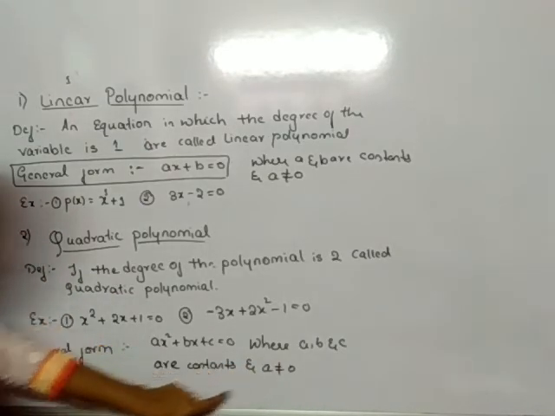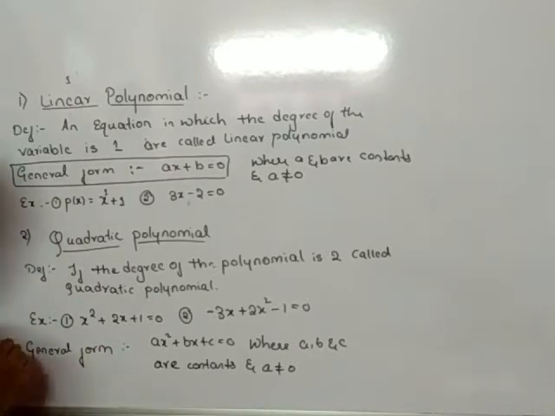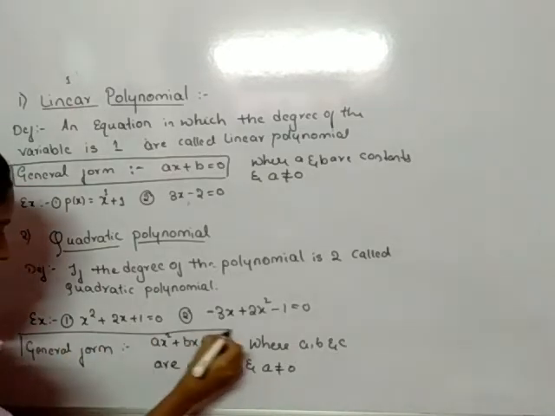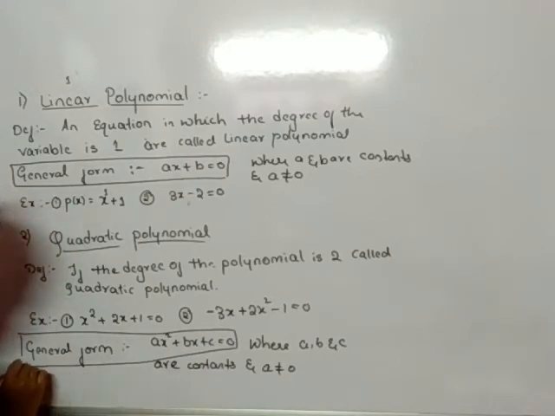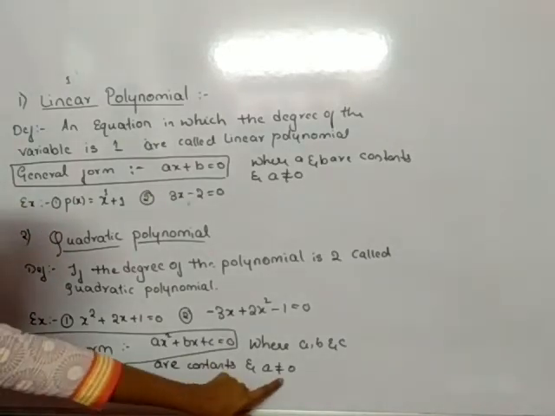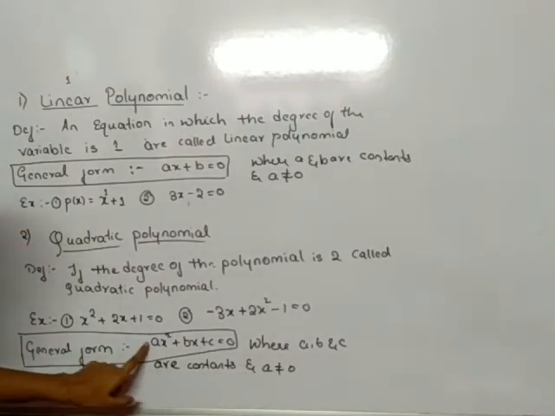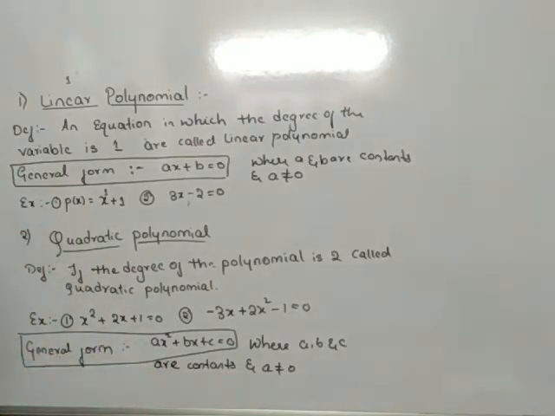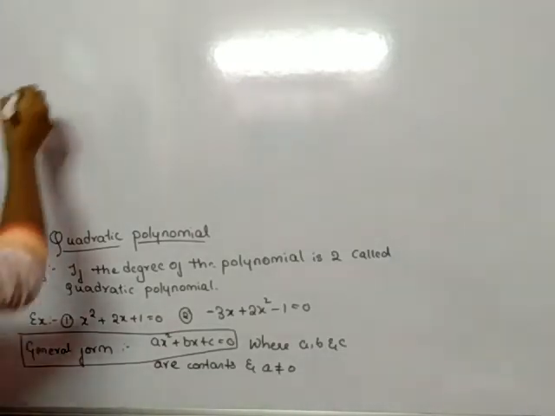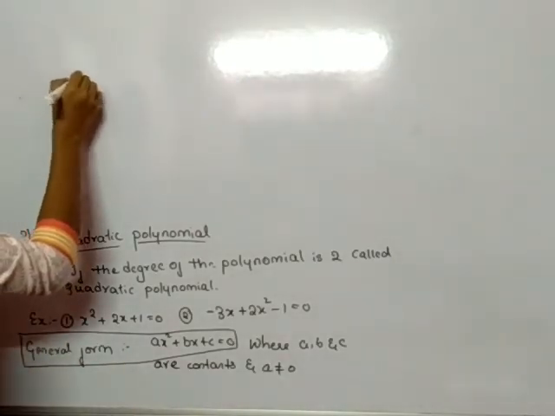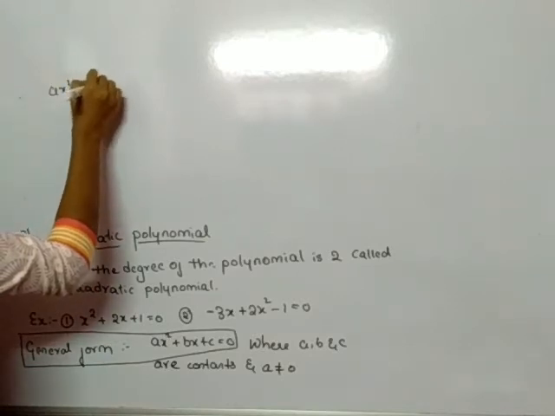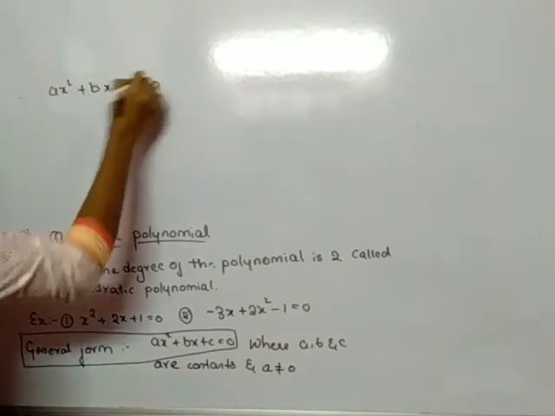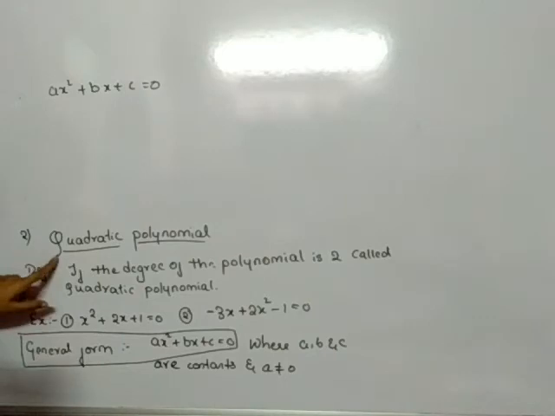This condition you must write compulsorily. So this is the general form of a quadratic polynomial, right? If a becomes 0, what will happen? We'll check it. Here ax squared plus bx plus c is equal to 0. This is the general form of a quadratic equation, right?